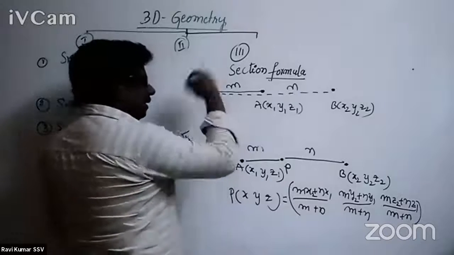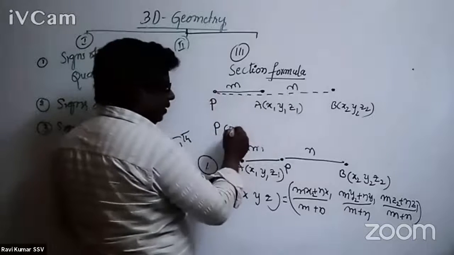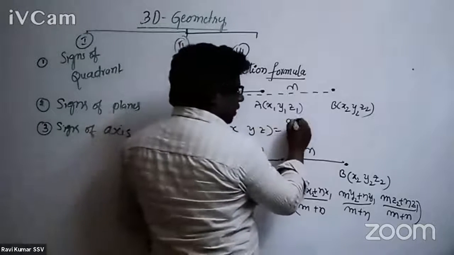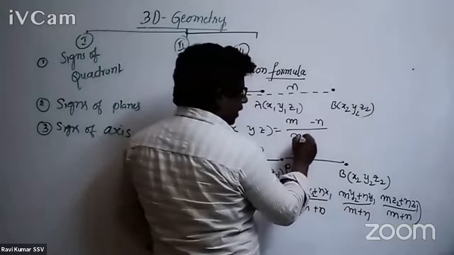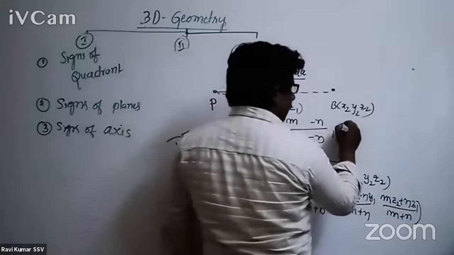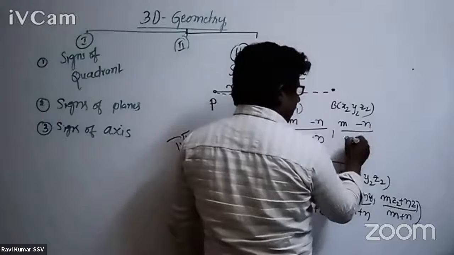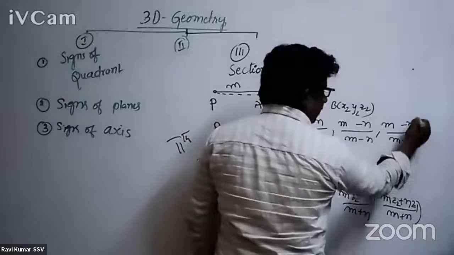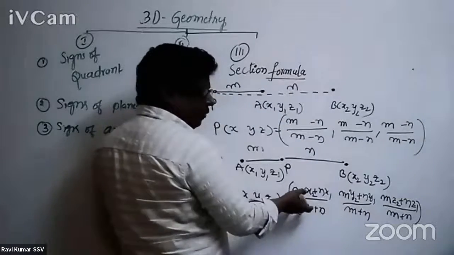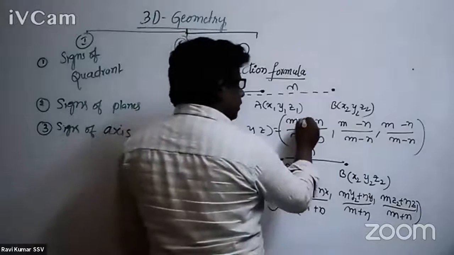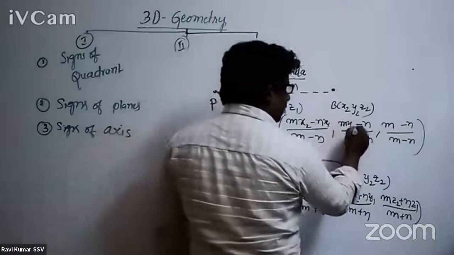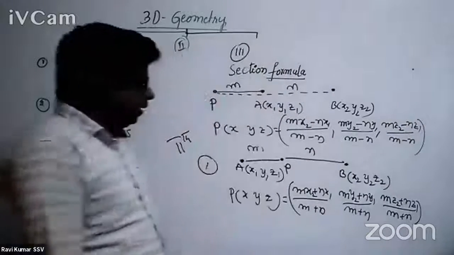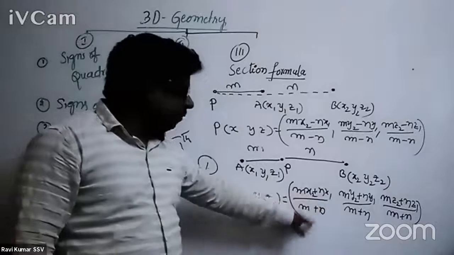If it lies outside of these 2 points, X comma Y comma Z is equal to M minus N by M minus N, comma M minus N by M minus N. Then you can write it here: X2, X1, Y2, Y1, Z2, Z1. That's all. This is when the plus will come in between these two.